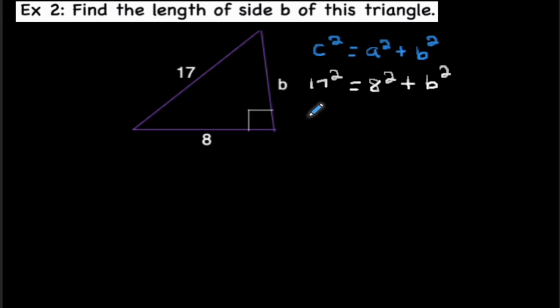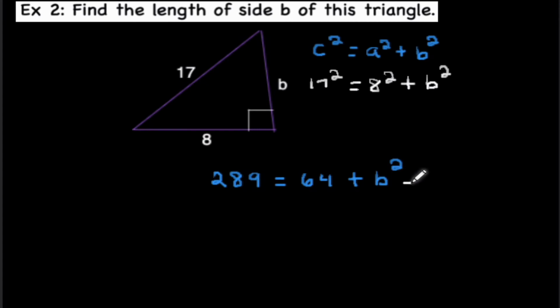So 17 squared is equal to 289, and that's equal to 8 squared, which is 64, plus b squared. Okay, so now we still have to isolate b. What we have to do is subtract 64 from both sides, because remember, this is a positive 64 and the opposite of a positive is a negative.